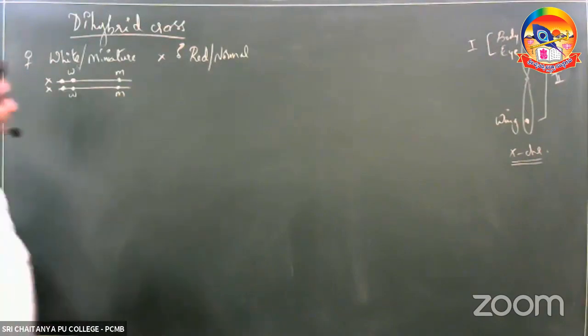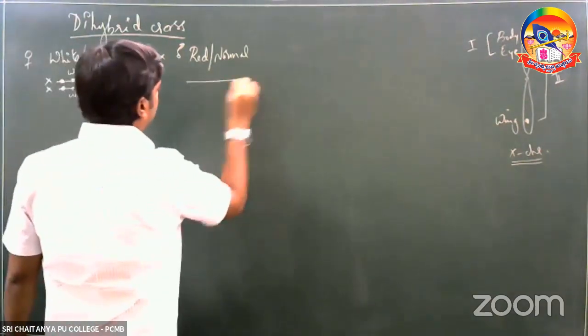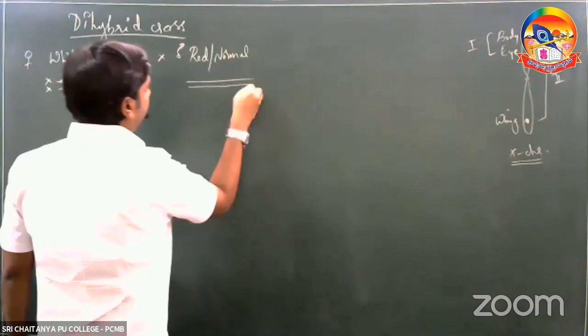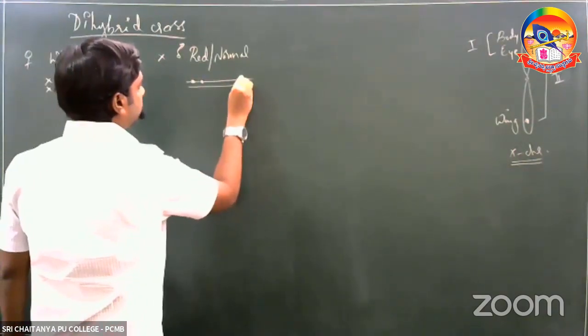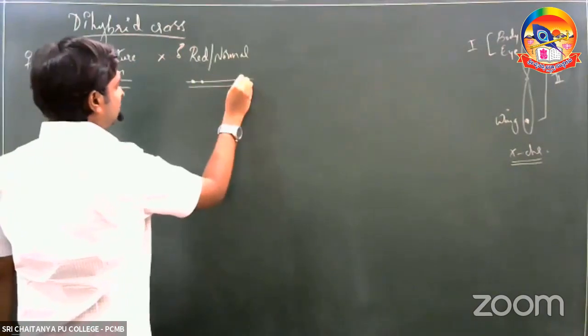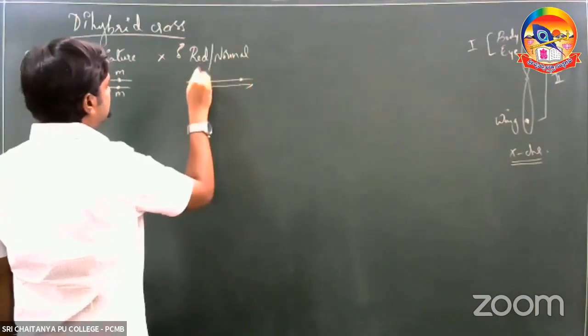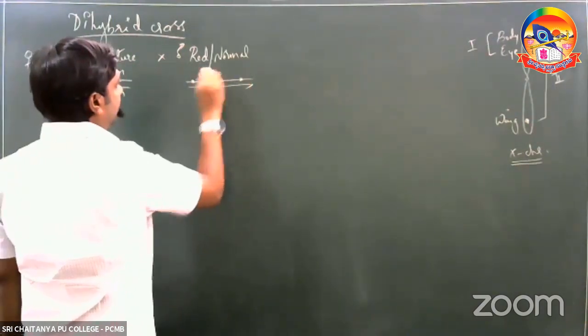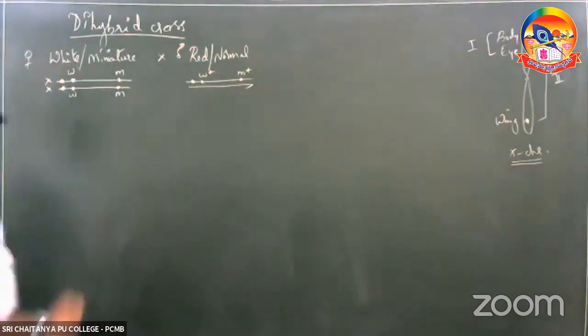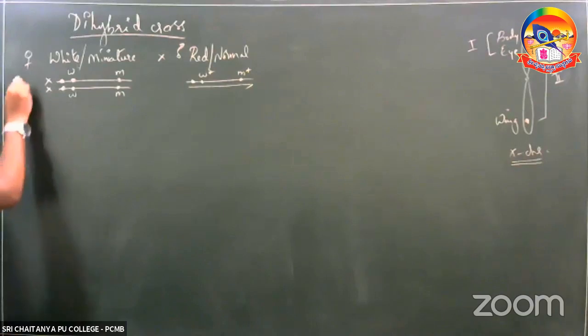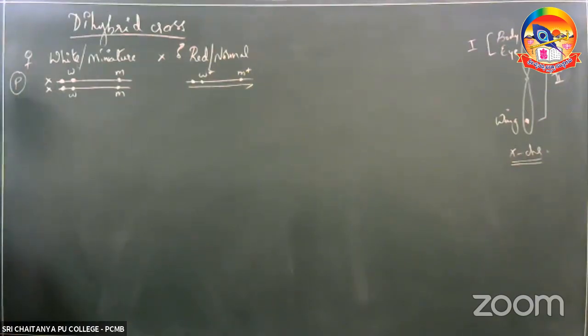In case of males, again, there is one X chromosome and one Y chromosome, again with 3 different genes on this. We are talking about the second gene and the third gene. Since it is red, this would be w+, and since this is normal, it would be m+, right? So these are the genotypes of the parental generation.